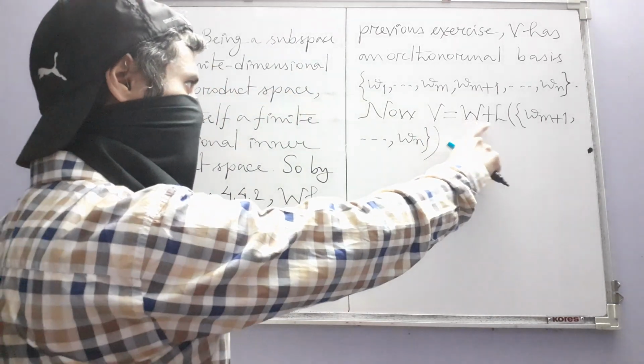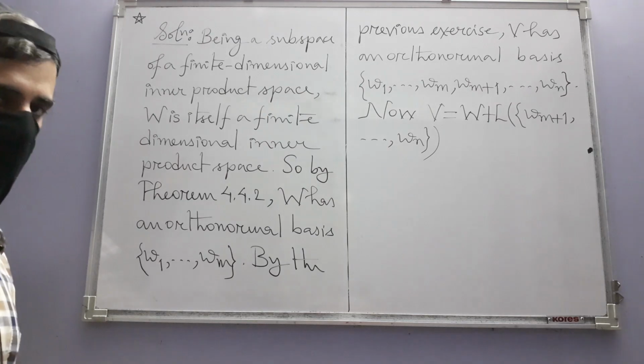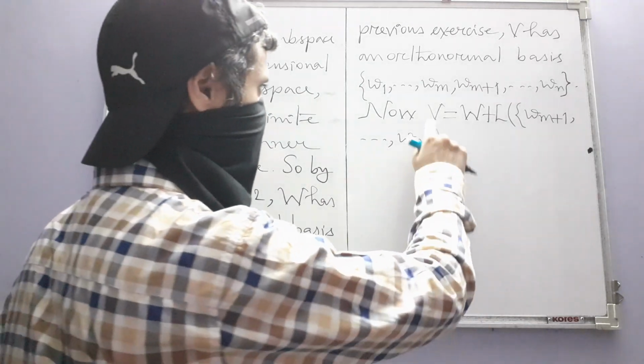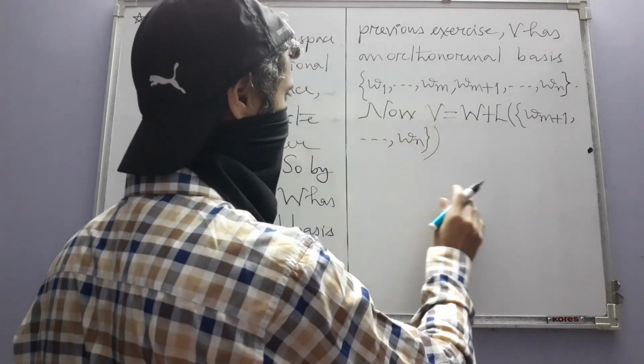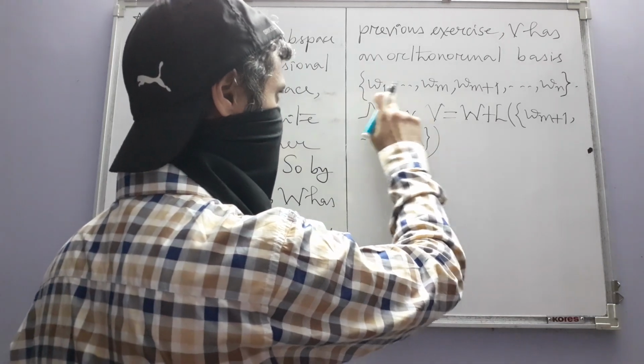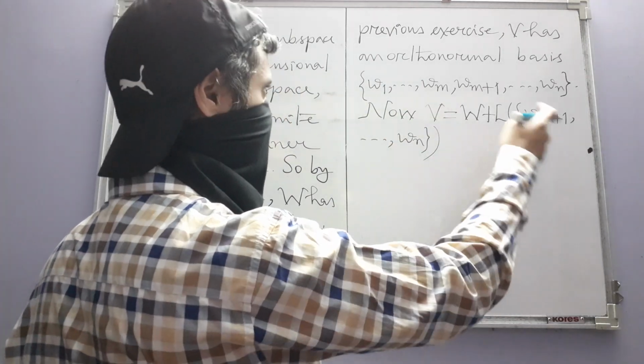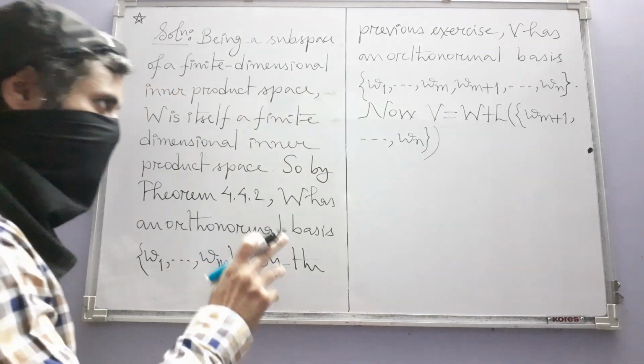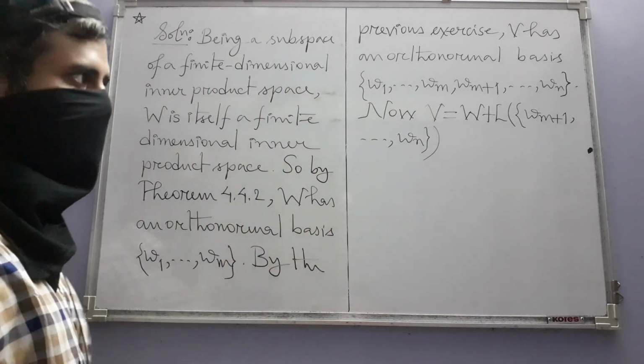This linear span is also a subspace. Okay, and because every vector in V is a linear combination of the basis vectors of W and these extra vectors, V is equal to this sum.